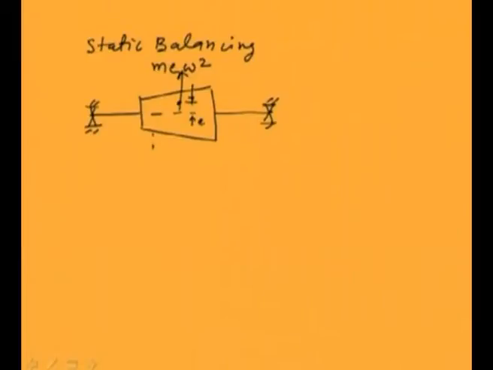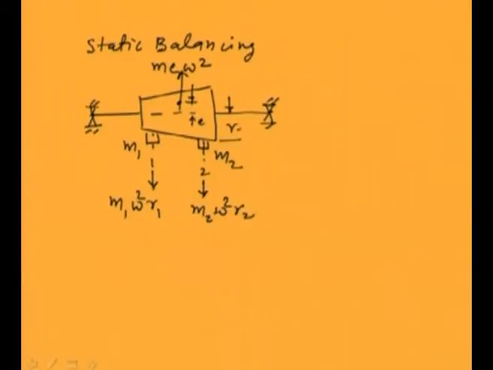Now let us say we have two planes, plane 1 and plane 2, where we can put the correction masses M1 and M2. These correction masses will give rise to forces M1 omega square and M2 omega square. Their radial positions are, let us say, R1 and R2.